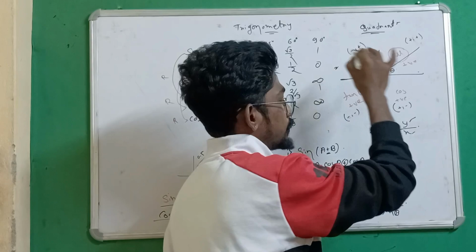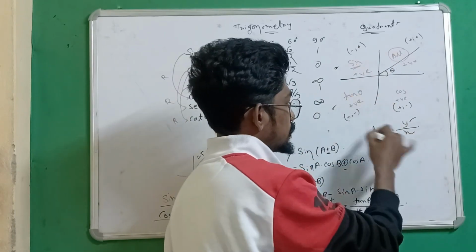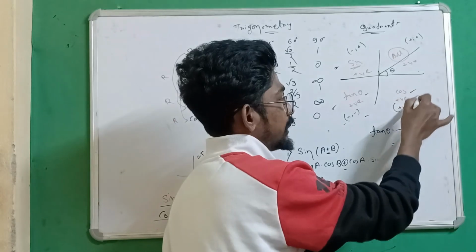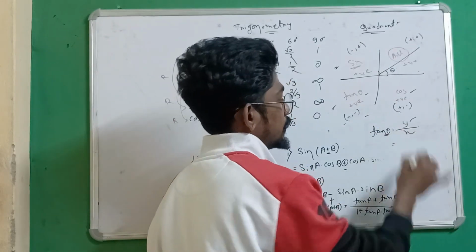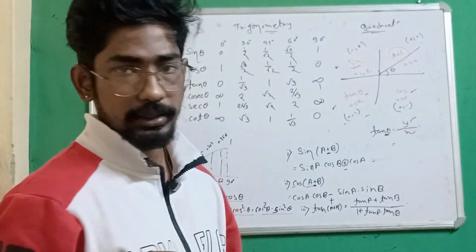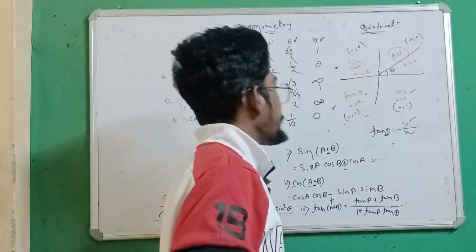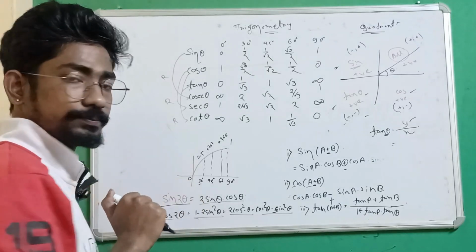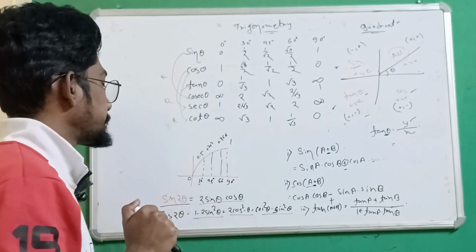Similarly, for negative values we will get the third quadrant, and for positive x and negative y, we will get theta in the fourth quadrant. Right? Okay, understood, right? This is the basic thing that you need for trigonometry.